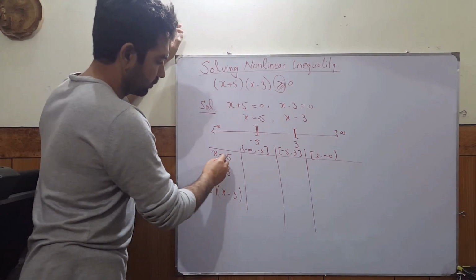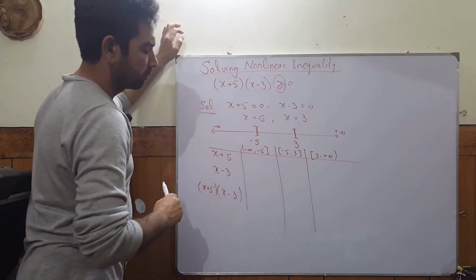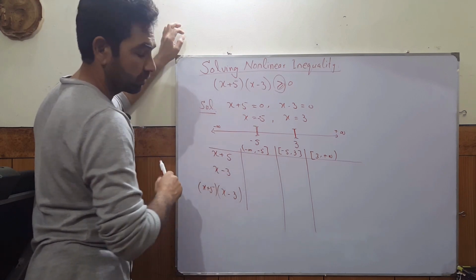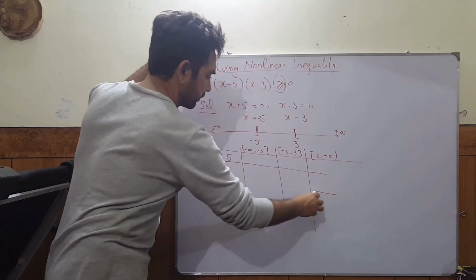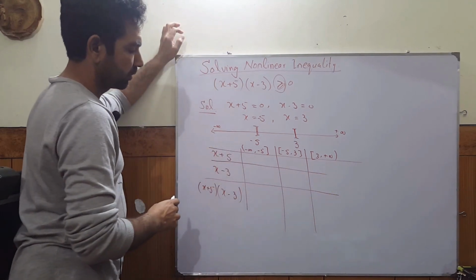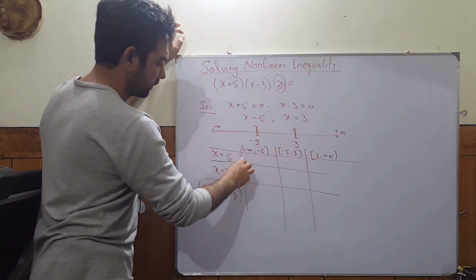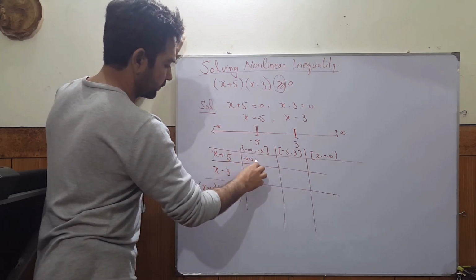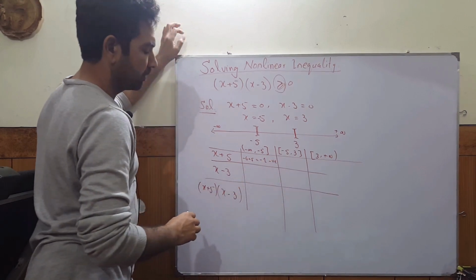Now if you take any number from minus infinity to minus 5 and put it here, find out the sign of this term. So if I take minus 6, minus 6 plus 5 gives me minus 1, which is negative.